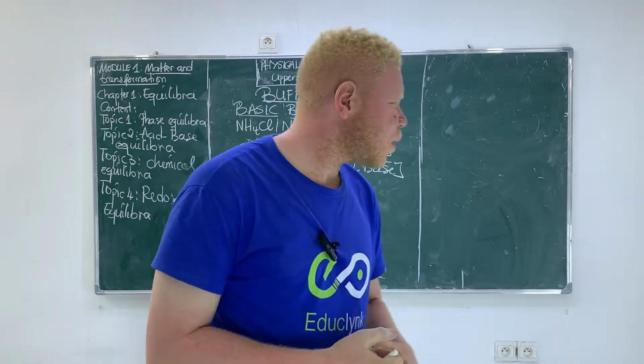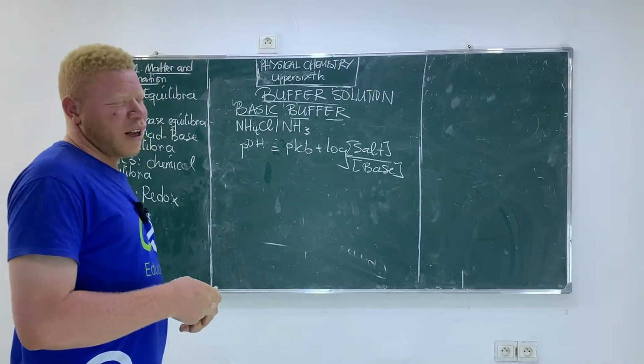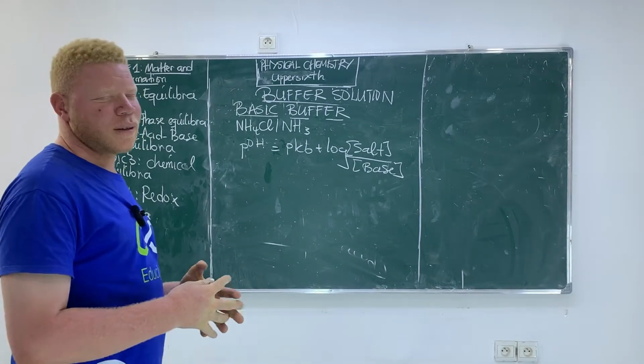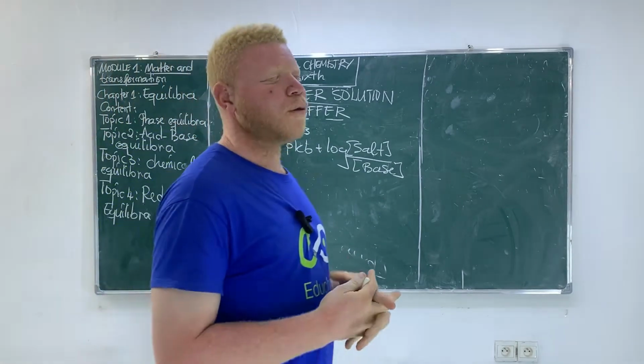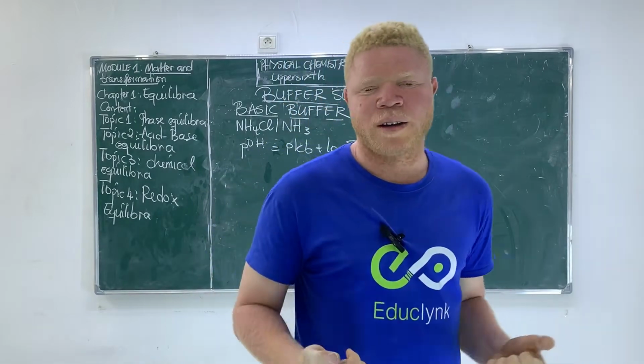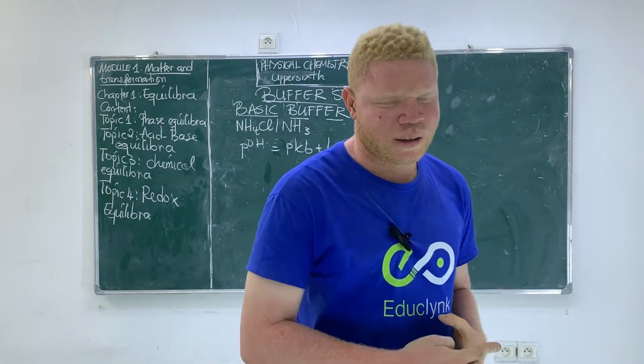But we need to take an example, because if I just teach you like this without solving an example, you will not know the use of the formula. So let's solve an example.